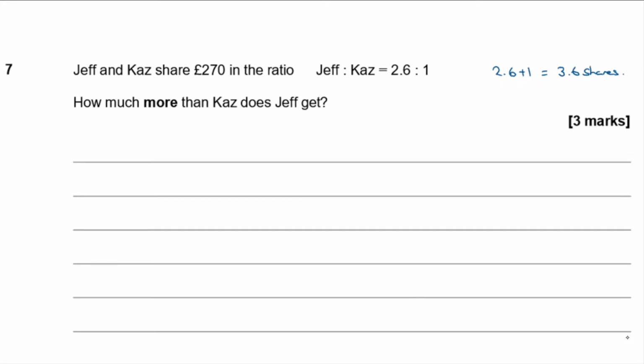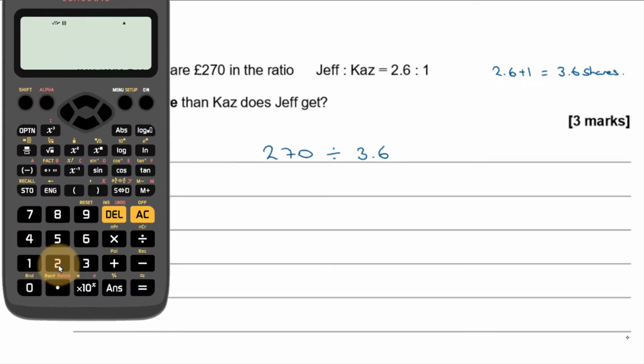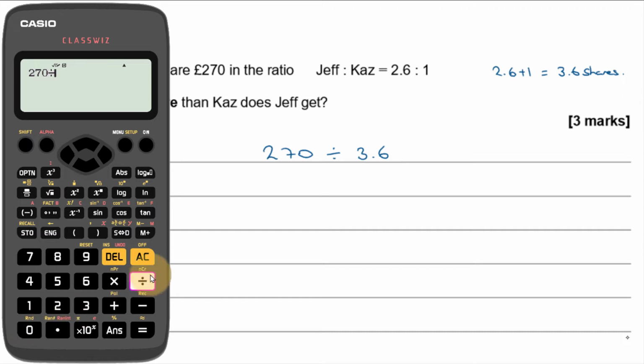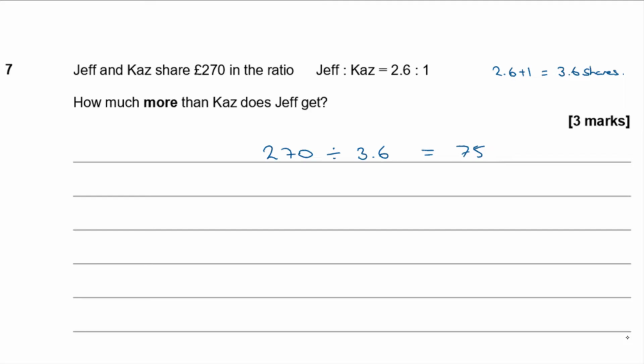Okay, so then we need to work out the number of shares there are in £270. So 270 divided by 3.6. What does that give me? So 270 divided by 3.6, that comes out to be 75 shares, or 75 rounds of dishing out money.